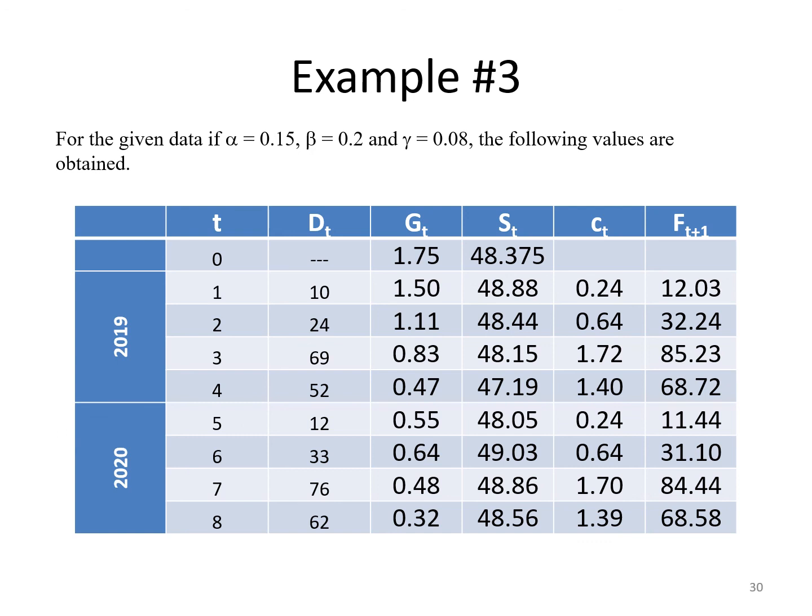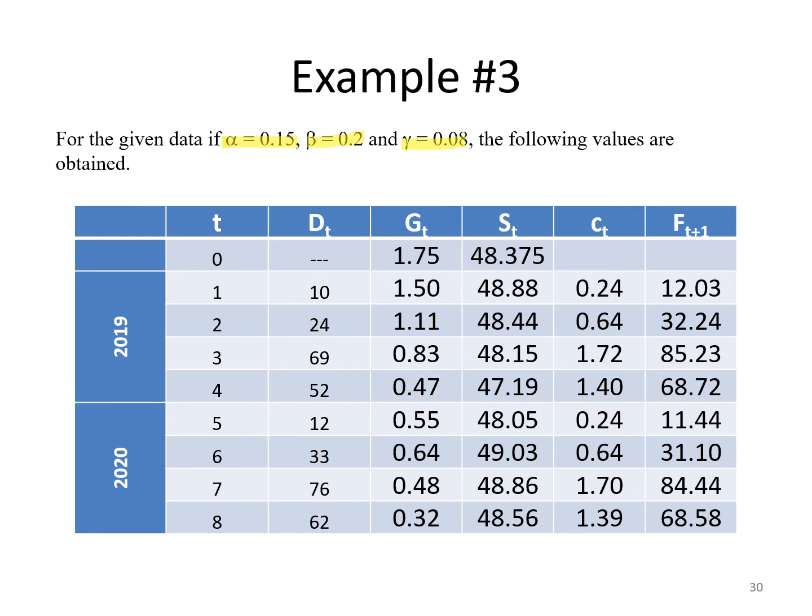The calculation here is very simple and straightforward. If you are using alpha of 0.15, beta of 0.2, gamma of 0.08, then the calculation is straightforward.